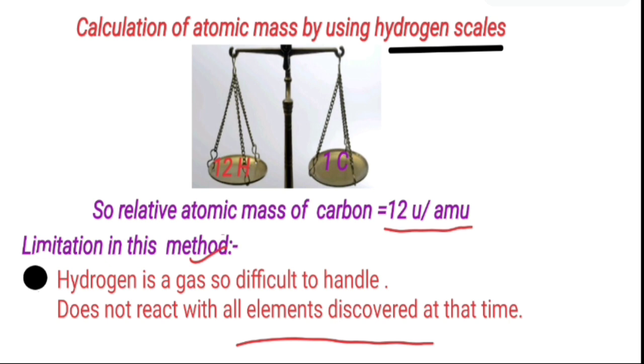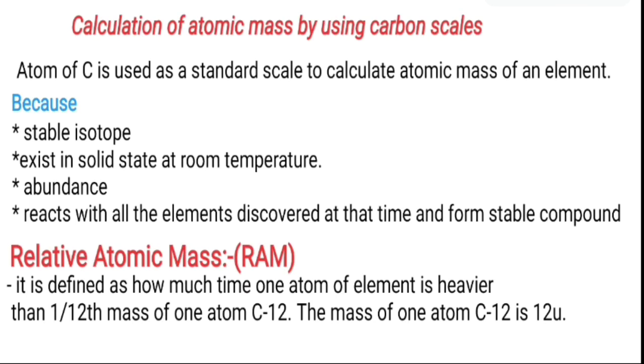Now, scientists thought of a standard scale which is definitely a solid, must have a stable condition, and which we can get in abundance, or plentifully available. That's why scientists chose the carbon 12 atom as a standard atom.